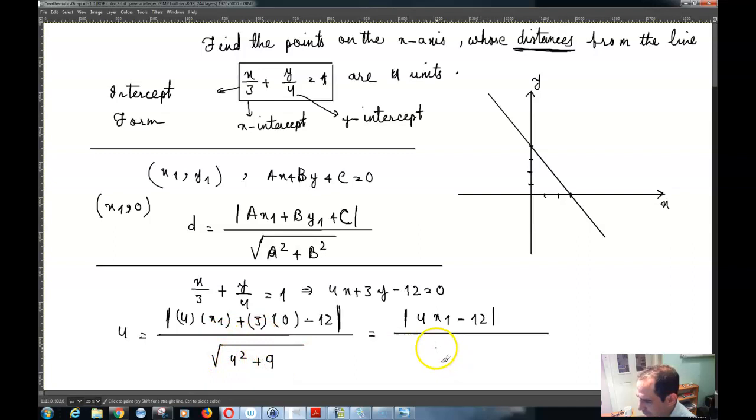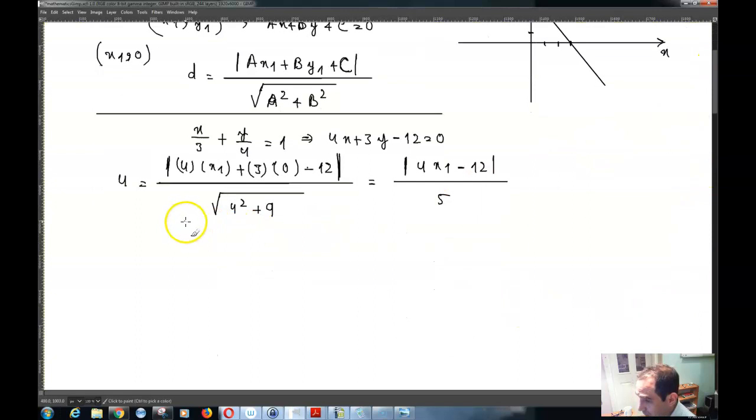The square root of 25 is equal to 5. So that means basically 4 times 5, which is equal to 20, is equal to the absolute value of 4x1 minus 12.